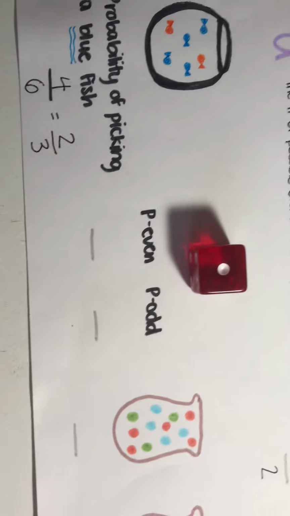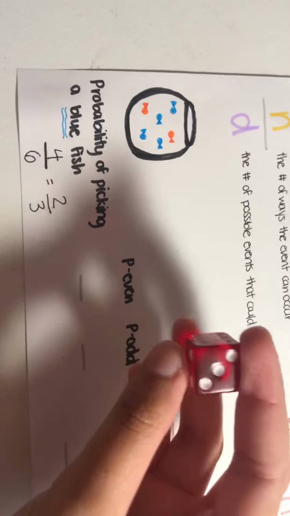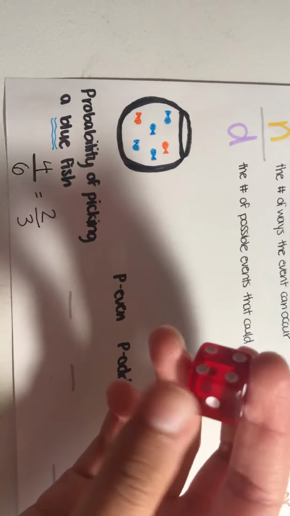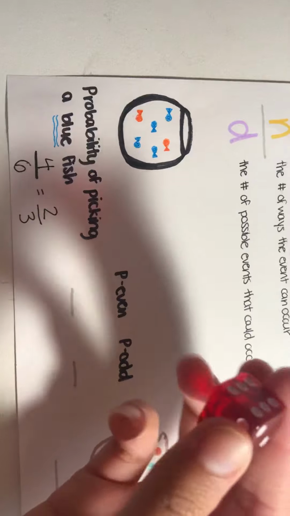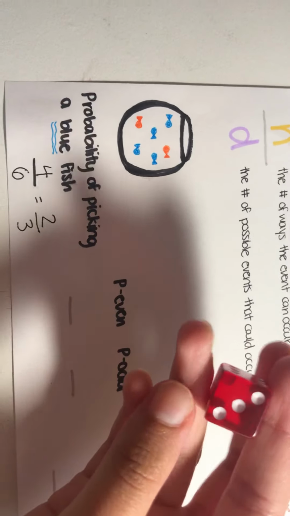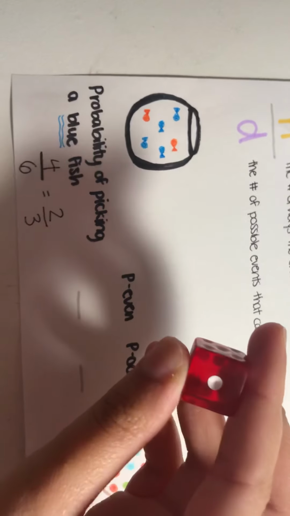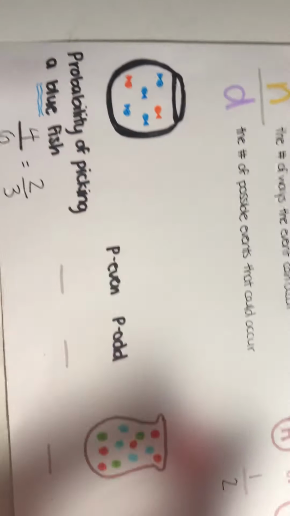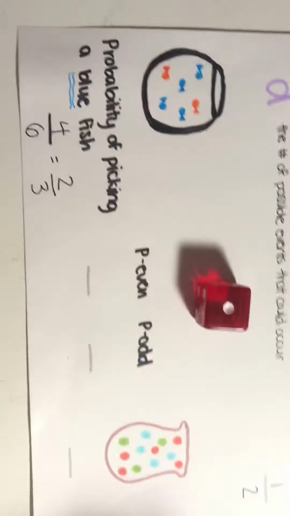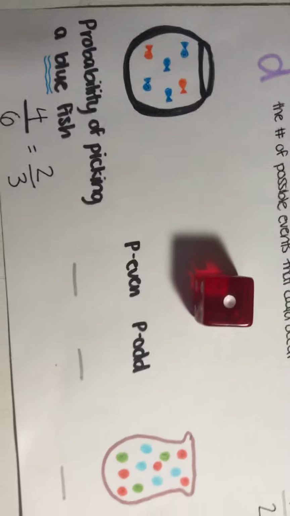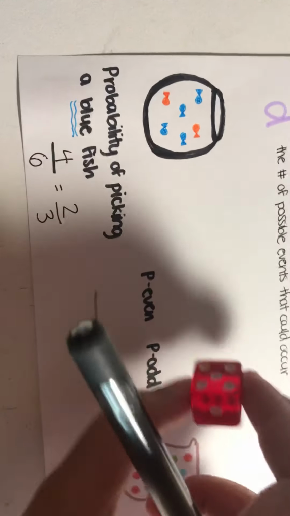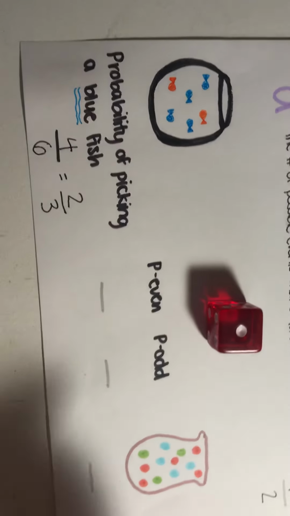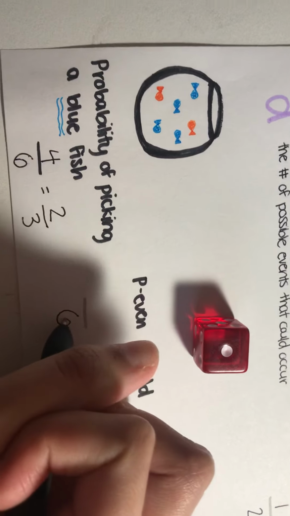Here we have a dice. A classic dice is 6-sided, so it has 6 numbers. 3 of them are even, 4, 2, and 6. And the other 3 are odd, which is 3, 5, and 1. So we want to see the probability of picking an even. Well, we know that there's 6 numbers that we could possibly get when rolling a dice, so that would determine our denominator.